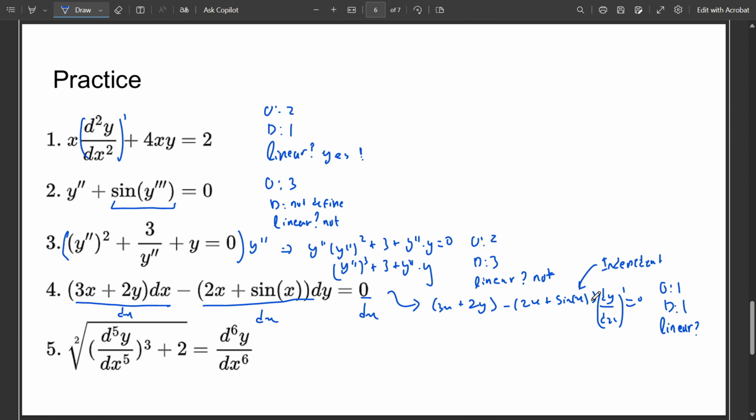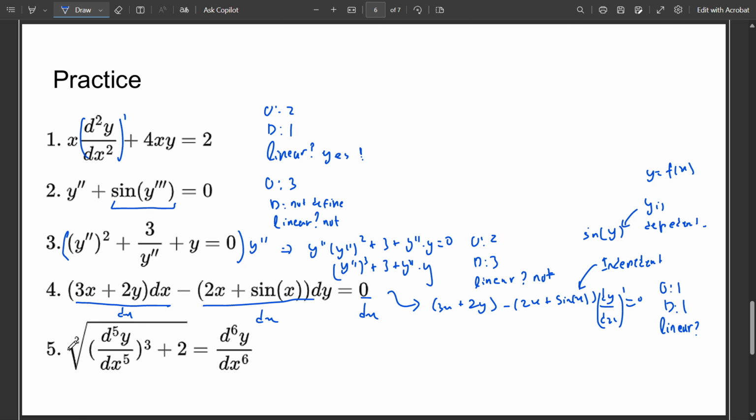It doesn't satisfy if it's sine of y, because y is the dependent variable. Okay? y equals a function of x.